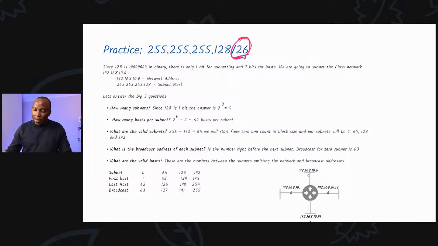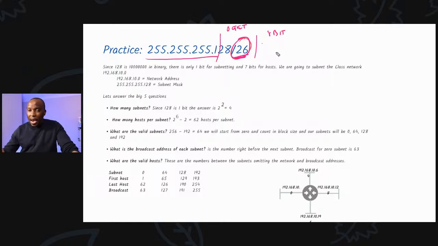Because remember, the original is a /24. And depending on what we want to subnet, we are borrowing out of the last octet. And each octet has 8 bits. And I'll keep on reinforcing that because that's the crucial information when you're dealing with subnetting. So out of the 8 bits, when we borrow 2, we add them to the 24 to get to 26.